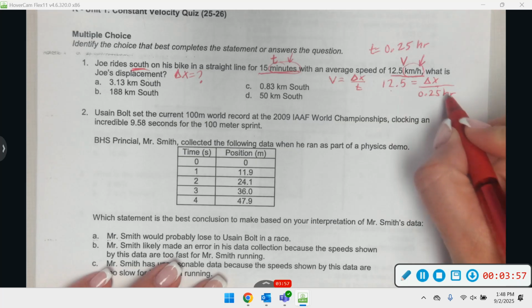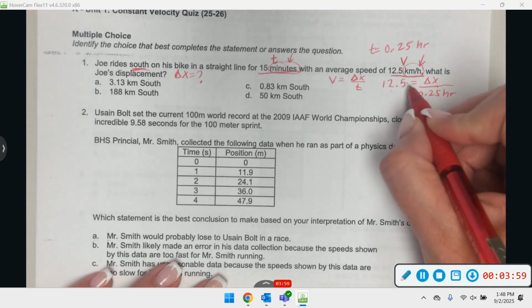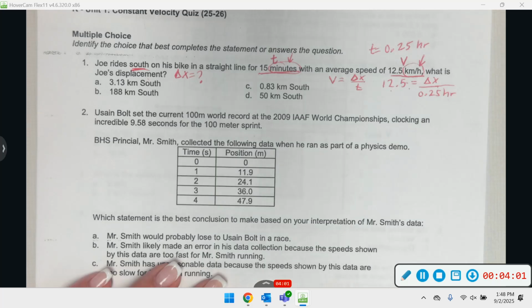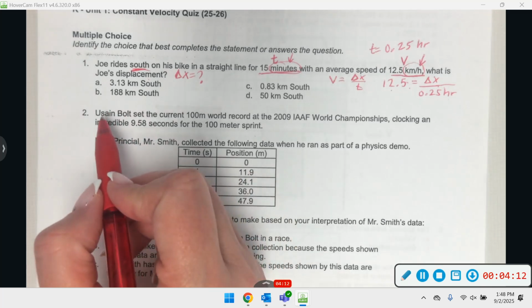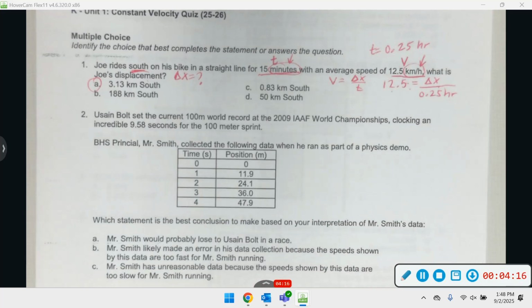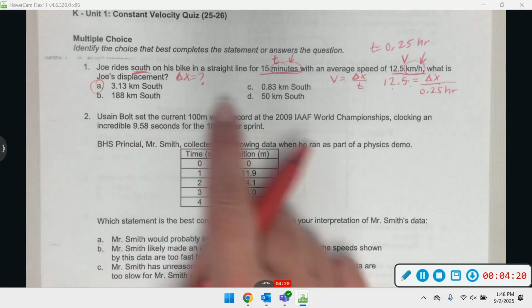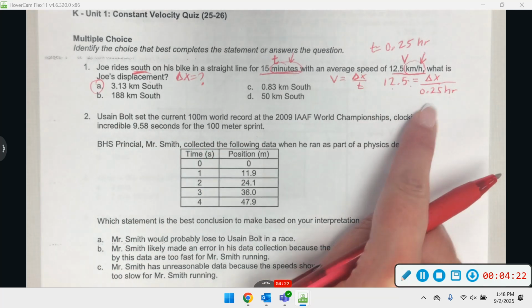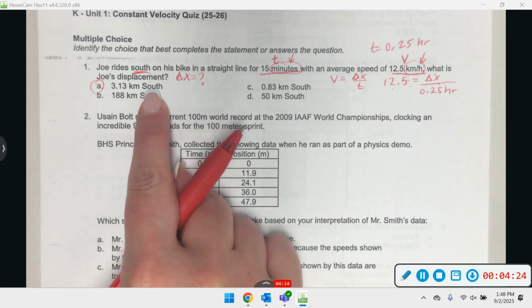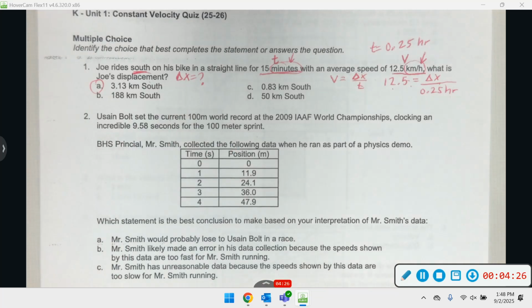And I forgot to write my units here, but that's going to cancel the hours because this is kilometers per hour and leave us with just kilometers. So it ends up in the calculator being 12.5 times 0.25, which is 3.13 kilometers south. Oh, there it is. All right, but that is what you end up getting when you multiply 12.5 times 0.25, is 3.13 kilometers, and then of course your direction is south.